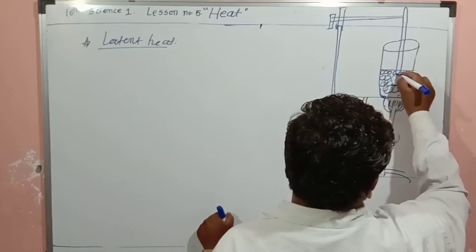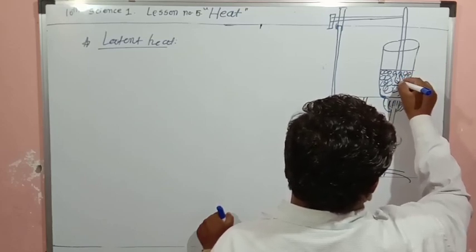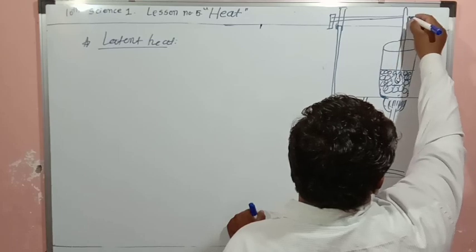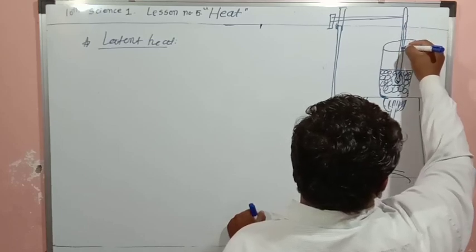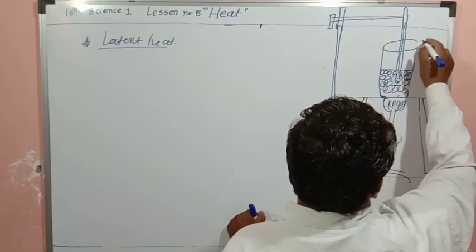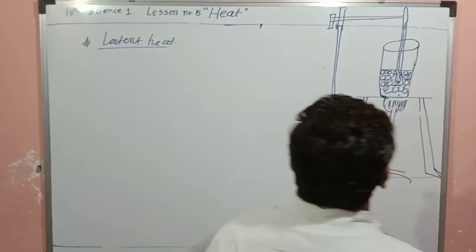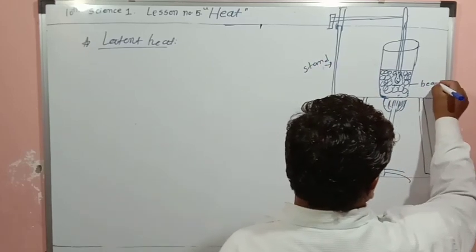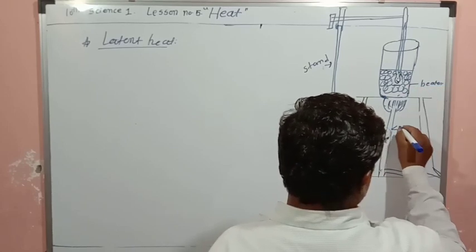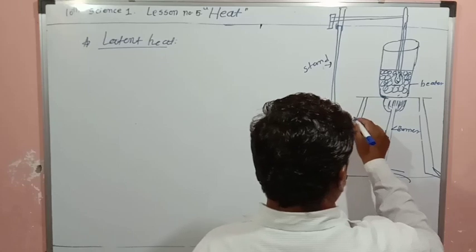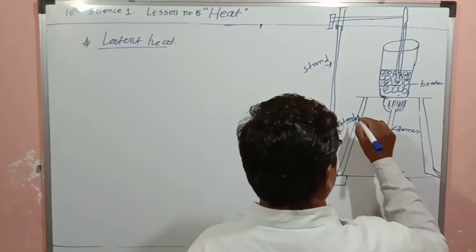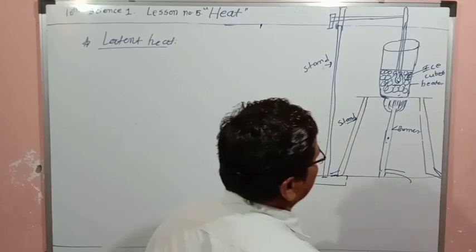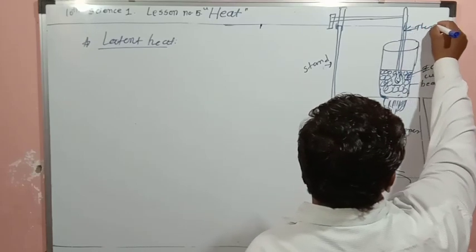Thermometer bulb will be there in the ice cube, and here in this thermometer mercury line will be there. Okay, this one is their stand, this one is their beaker, burner. Here this one is their stand, tripod stand, ice cubes, ice pieces. Here it will be thermometer.